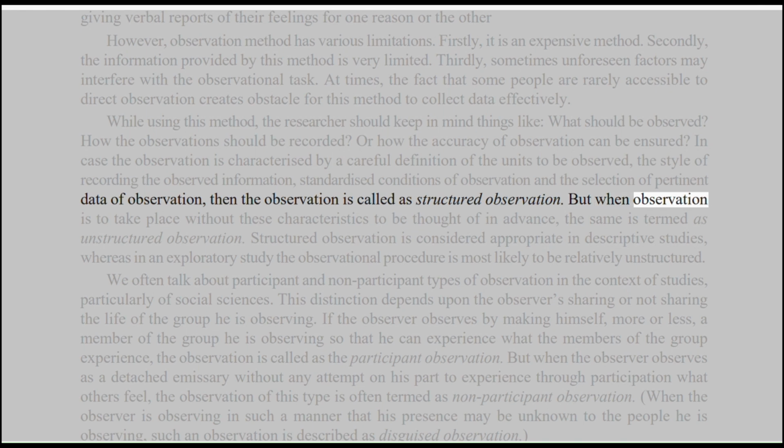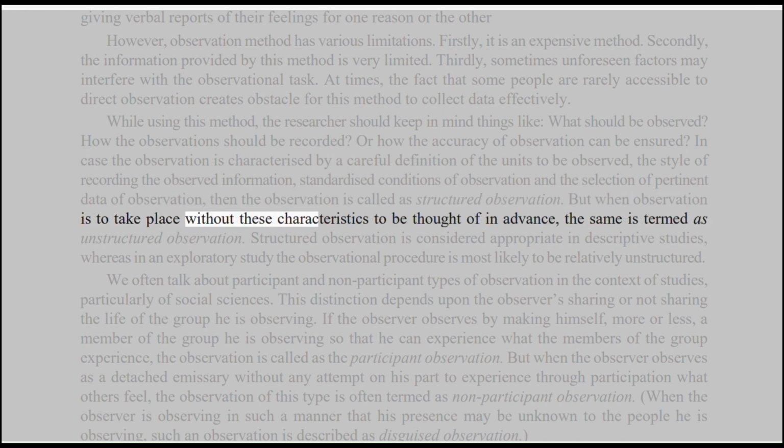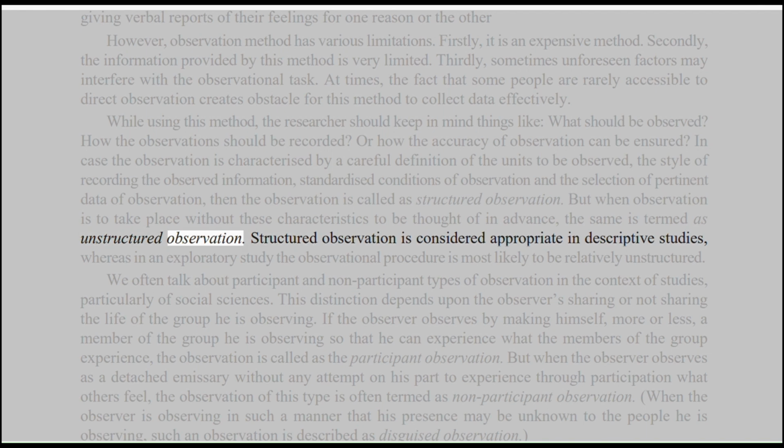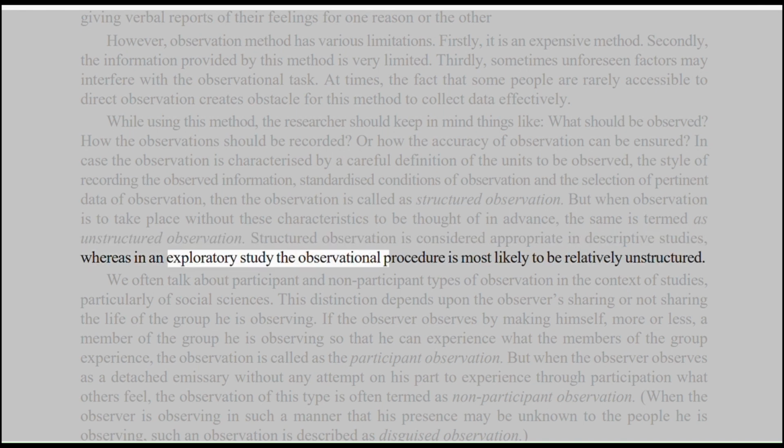But when observation is to take place without these characteristics to be thought of in advance, the same is termed as unstructured observation. Structured observation is considered appropriate in descriptive studies, whereas in an exploratory study the observational procedure is most likely to be relatively unstructured.